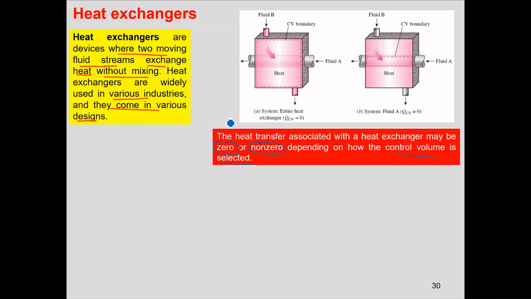The fluid enters, flows outside the pipe, and leaves through the exit at the bottom. So fluid B is flowing outside the pipe, and it is moving out of the box.